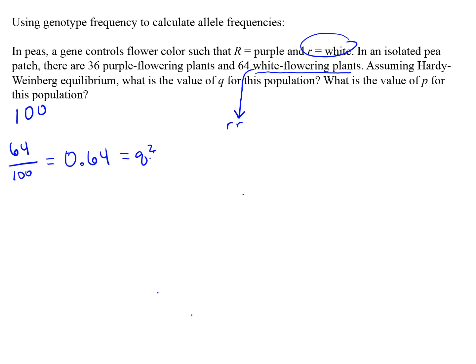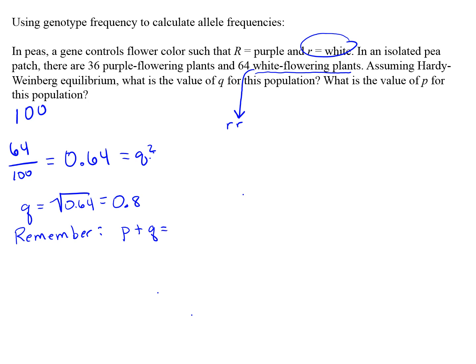So if we know Q squared, we can solve for the value of Q, and Q is our allele frequency for the recessive allele. So we can do that by taking the square root of 0.64. So Q would equal the square root of 0.64, and that's going to equal 0.8. So now that we know Q, remember that P plus Q equals 1.